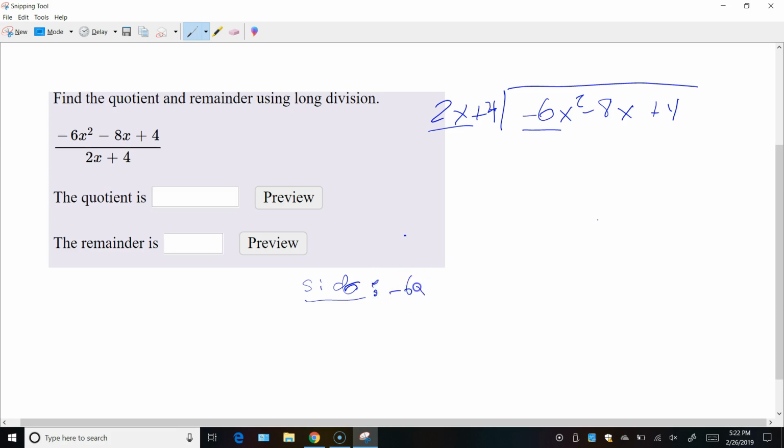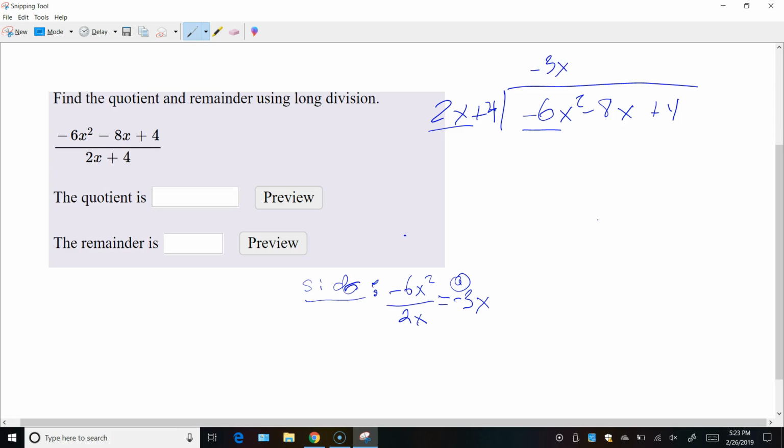You do negative 6x squared divided by 2x. When you work this out, the negative 6 divided by the positive 2 is negative 3, and then x squared divided by x is just x. That tells you, let's call this part A, that this is placed up here as negative 3x.